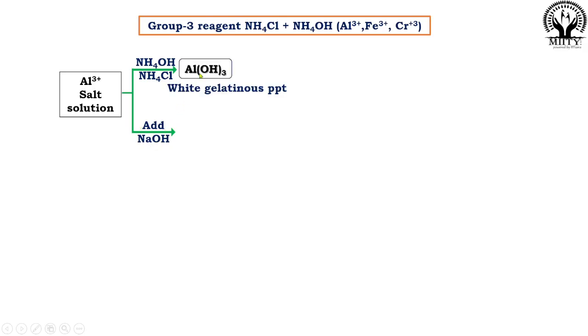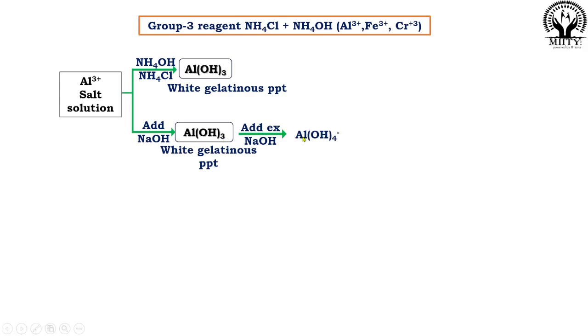In both cases, a white gelatinous precipitate of aluminum hydroxide forms. Now, in excess of ammonia, it is insoluble. But in excess of NaOH, it is soluble because aluminum hydroxide is amphoteric.